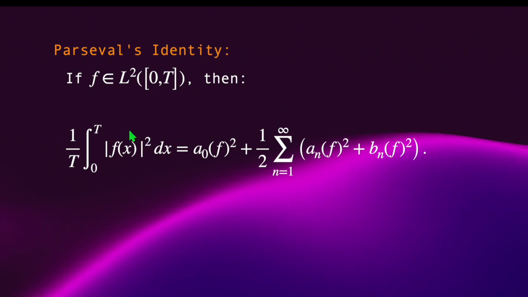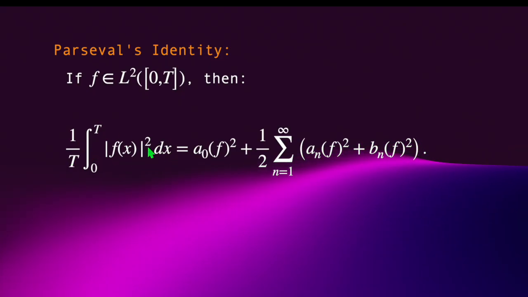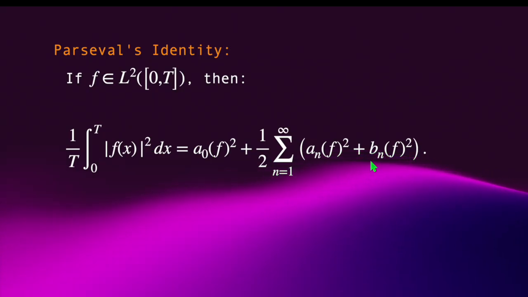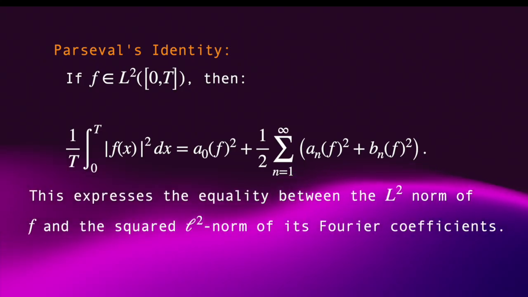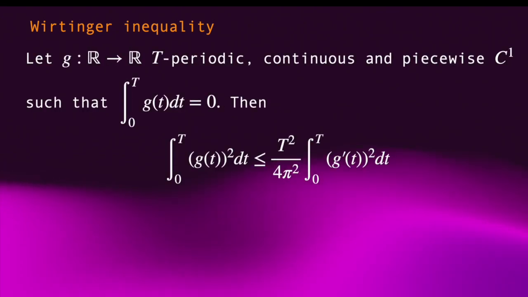So we have this formula: 1 over T times the integral of the square of f is equal to the sum of this series. Okay, so now we have the two main results we need in order to prove Wirtinger's inequality. Now let's go to Wirtinger's inequality.